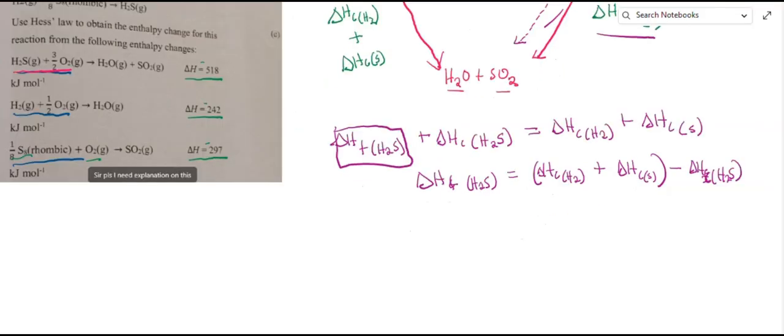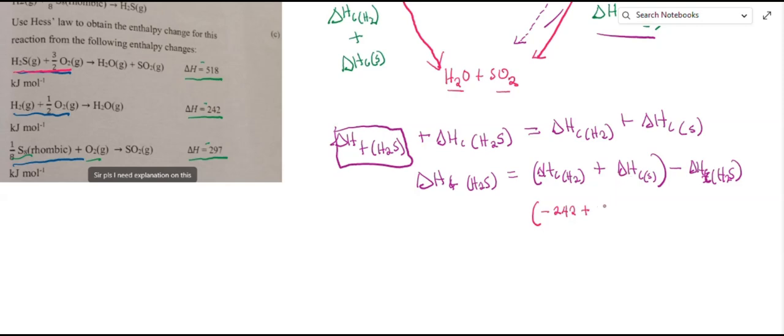So let's plug in those values. What is the heat of combustion of hydrogen? That is minus 242, plus what is the heat of combustion of sulfur?